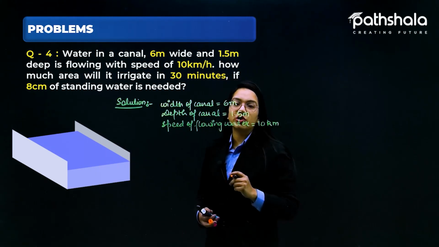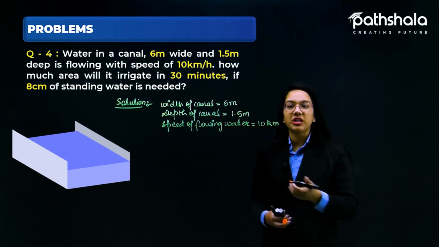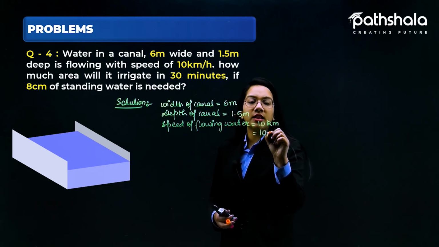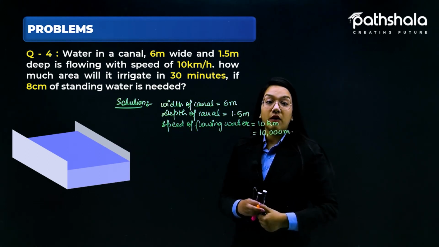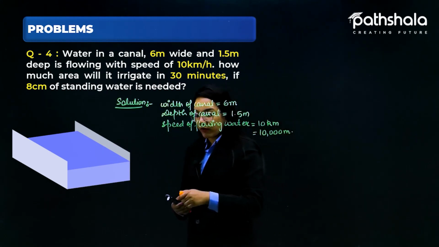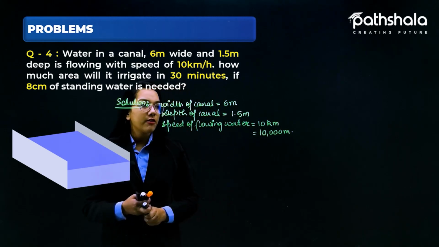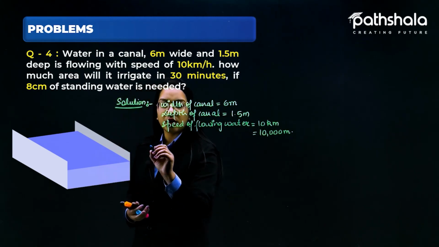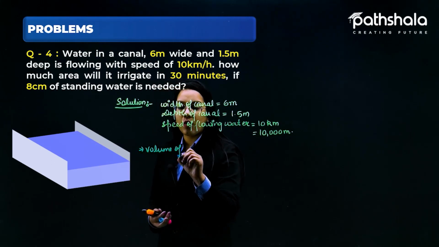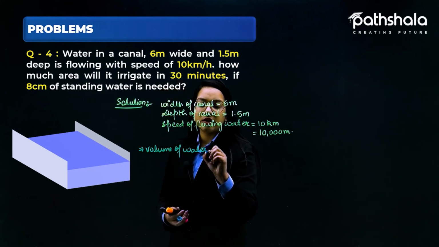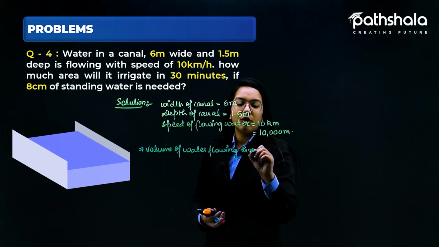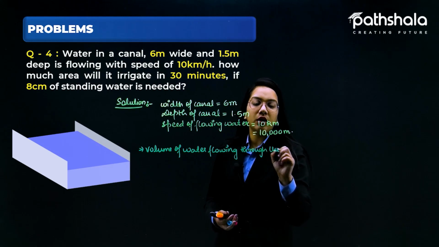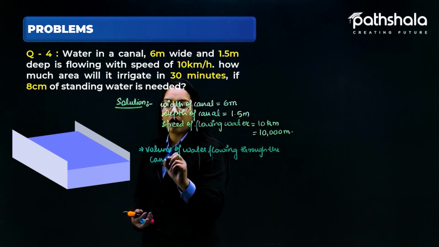Converting kilometers into meters, this is 10,000 meters. Now let's talk about the volume of the water flowing through the canal in 1 hour.